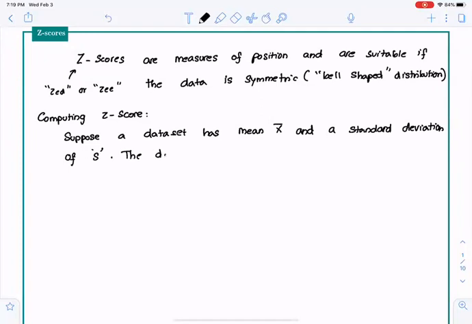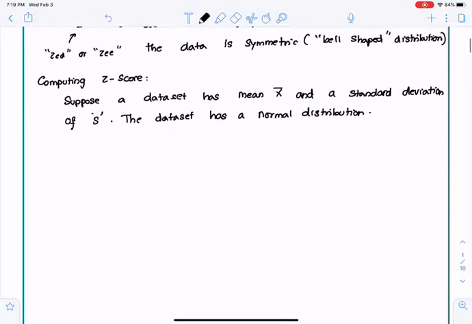Clearly, the data set has to be bell-shaped, in other words, a normal distribution. Let's say x is an observation or a data point.